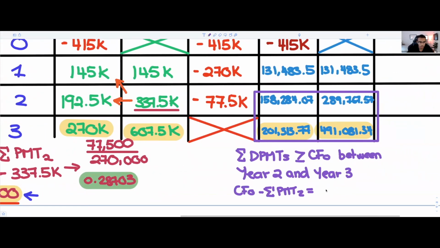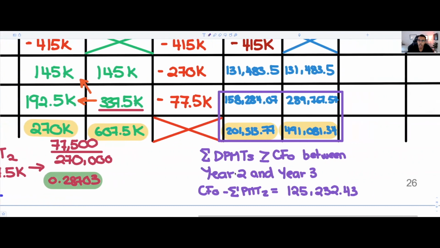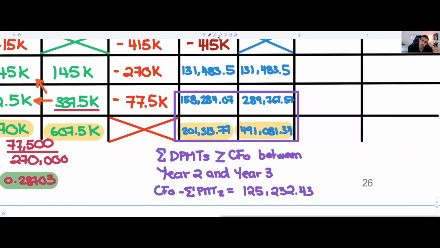So here you could go ahead and write 125,232.43. So that's the entire amount of cash that we're missing after year 2 in order to be able to recoup our initial investment through our discounted cash flows.